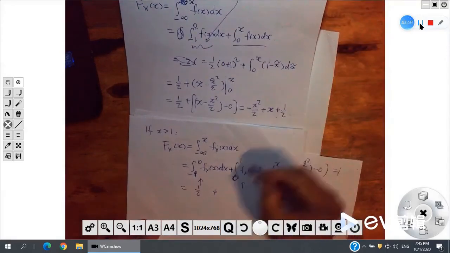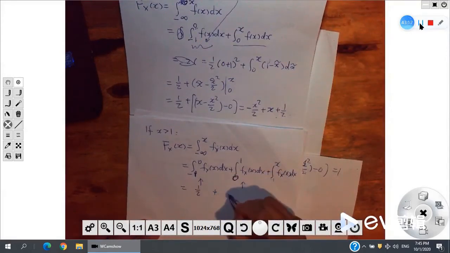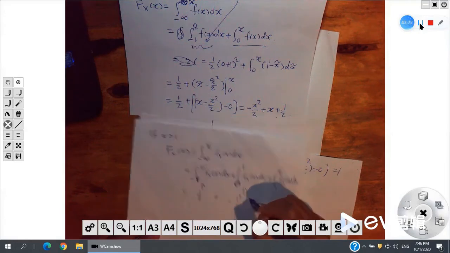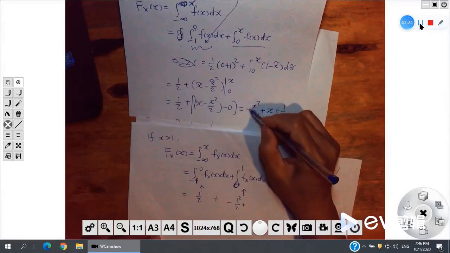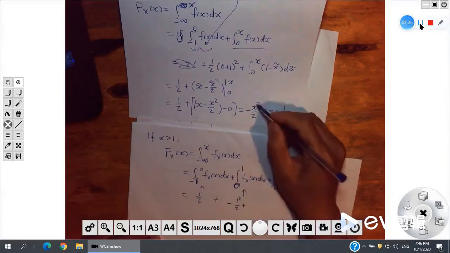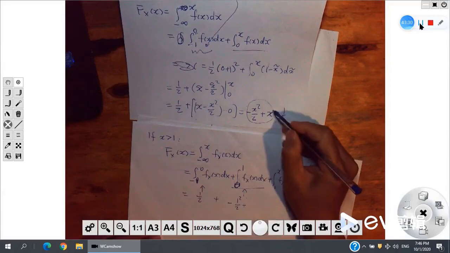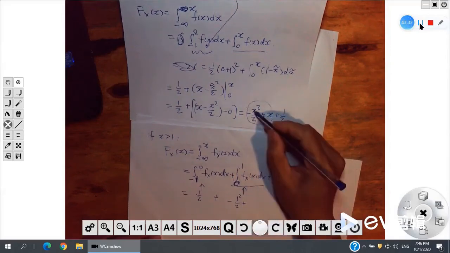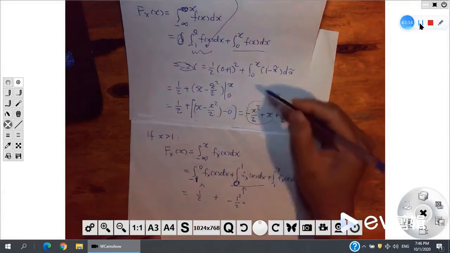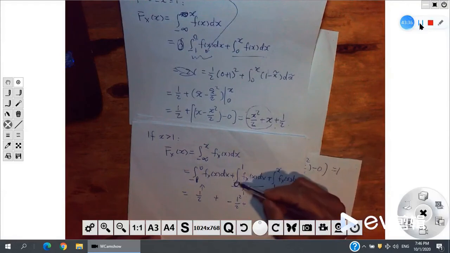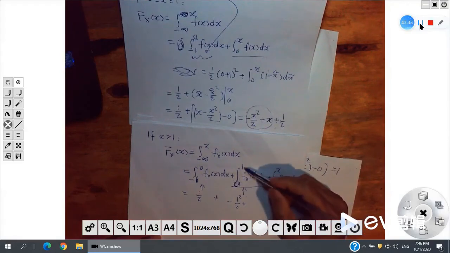So let me plug in. This part is just this part, right? This one is just this one. But x is 1, so this is 0 to x, now I have 0 to 1. So that x is 1.